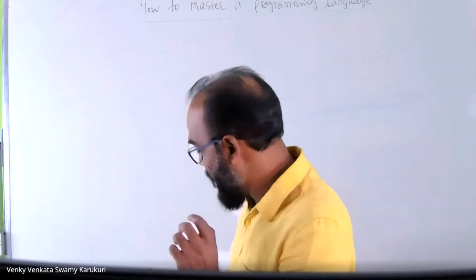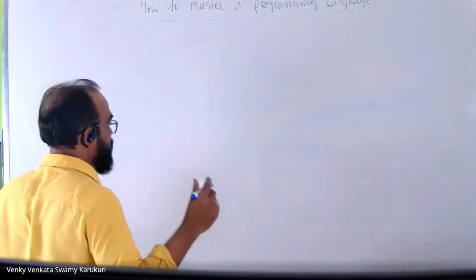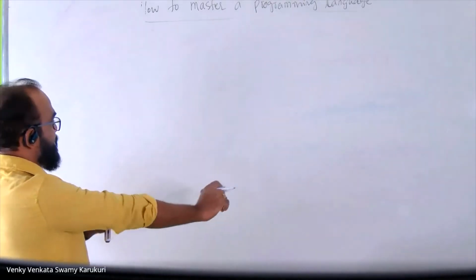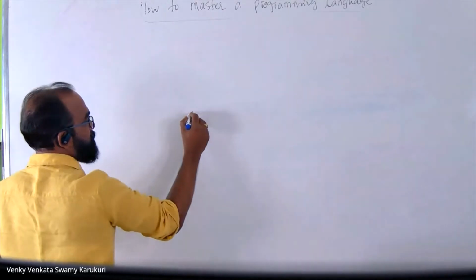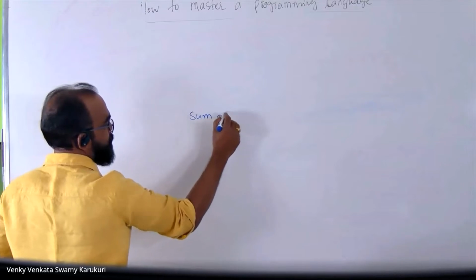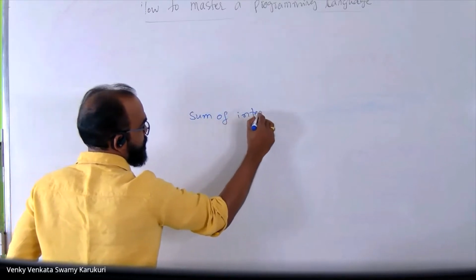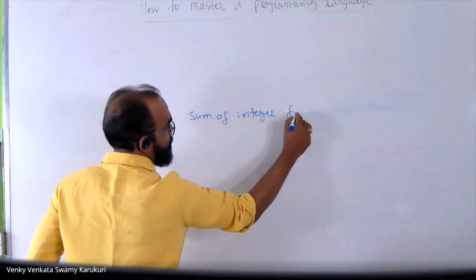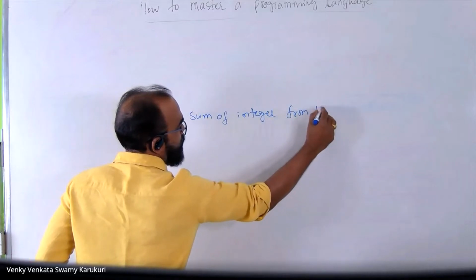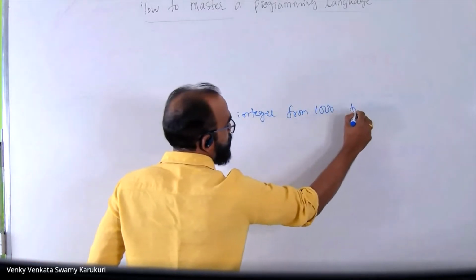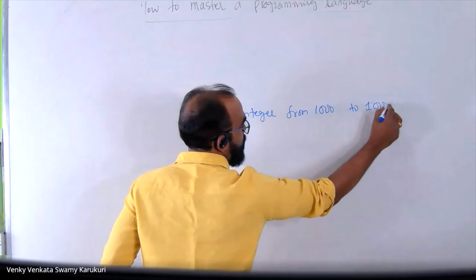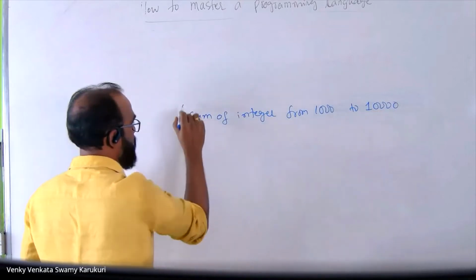Now I'll tell you the problem. One example: sum of integers from 1000 to 10,000. Simple problem, right?